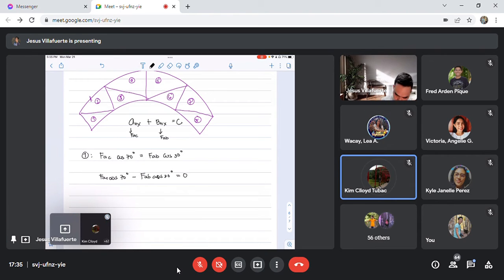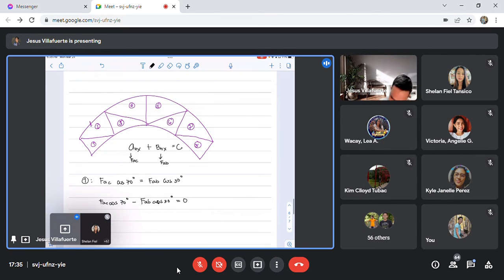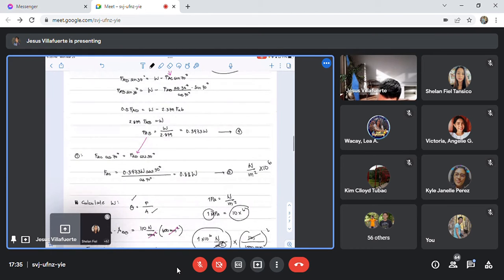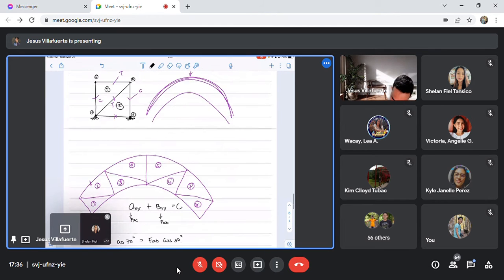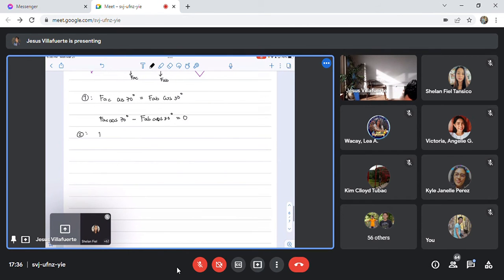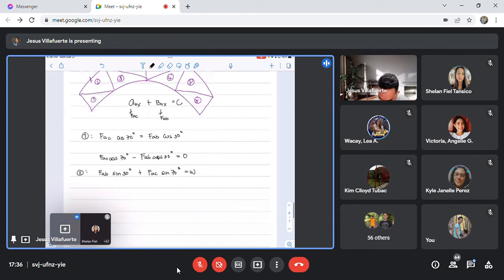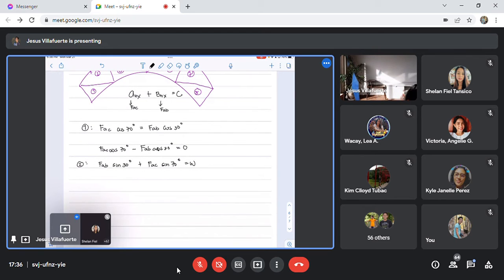Now for my equation 2, I have FAB sine 30 plus FAC sine 70 is equal to W. My A should be FAC, so I write it as FAC sine 70 plus FAB sine 30 is equal to W. So this is now in this form.